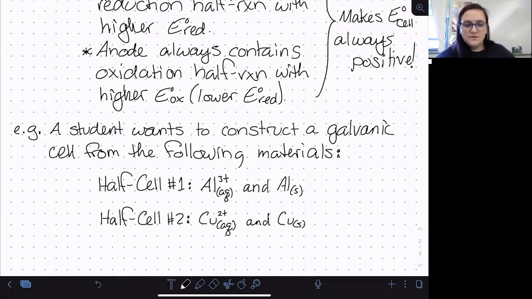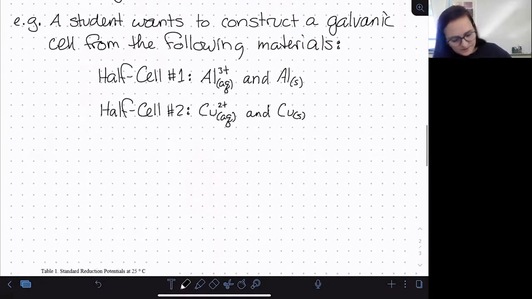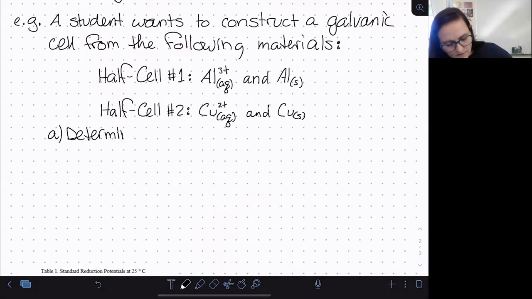So what we need to do here is figure out, or one thing we can do here, I guess, is determine the reactions that are going to happen at the cathode and at the anode.